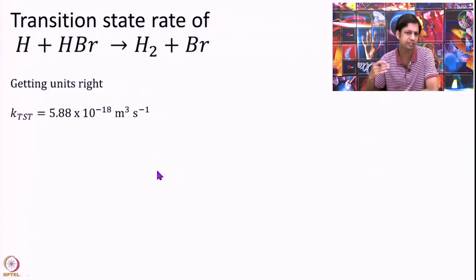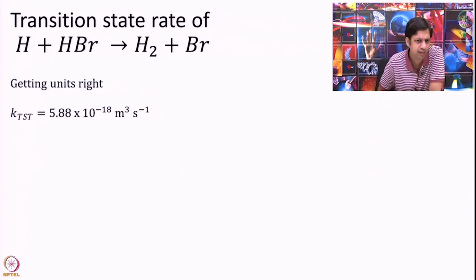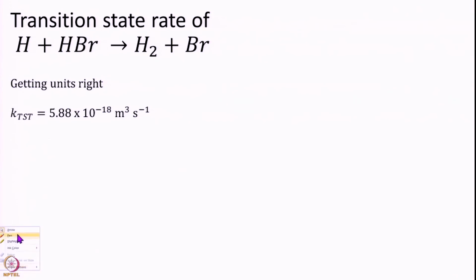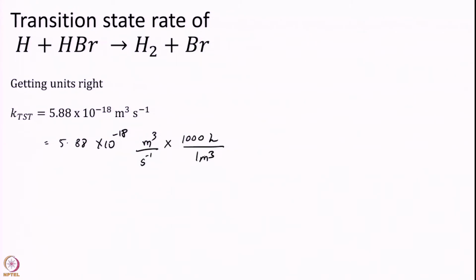Okay, so, the final thing is let us just calculate this in the units of liter mole inverse second inverse. So, this will be equal to 5.88 into 1000 liters in 1 meter cube into the Avogadro number per mole.